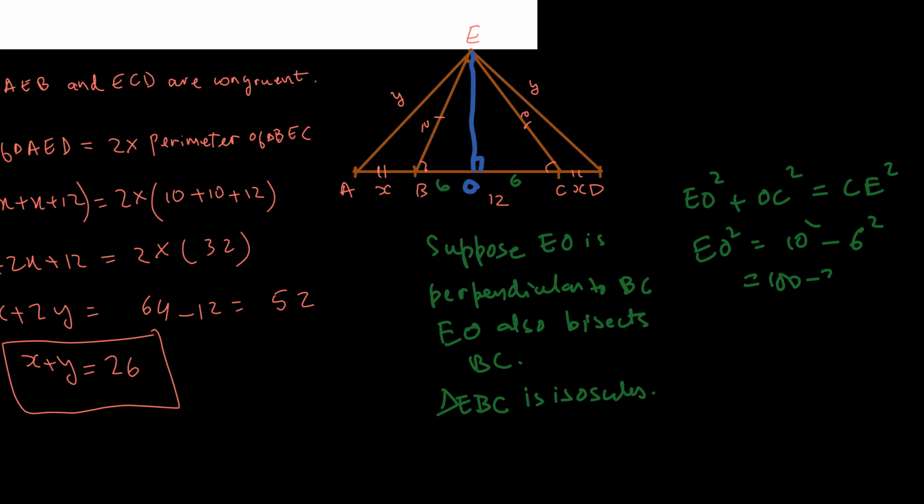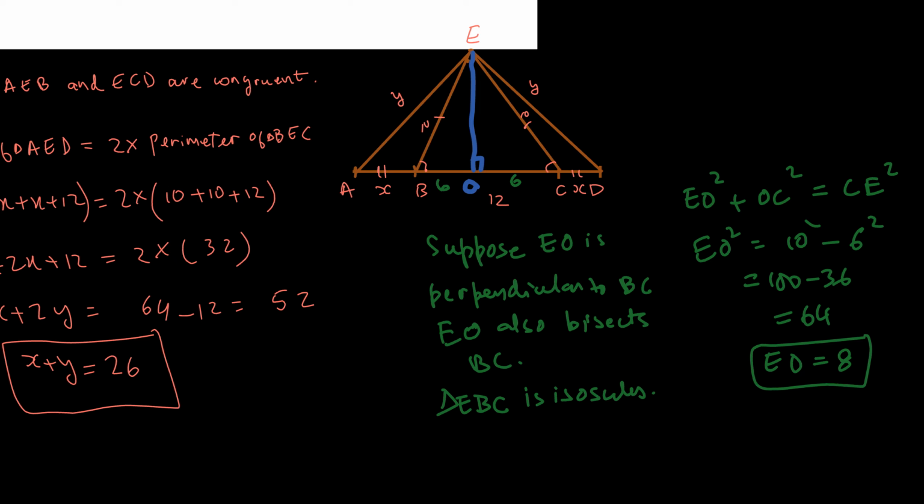That is 100 minus 36, which is 64. Therefore, EO is equal to 8. So EO is equal to 8.